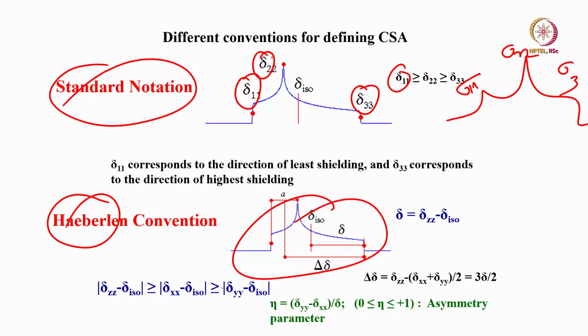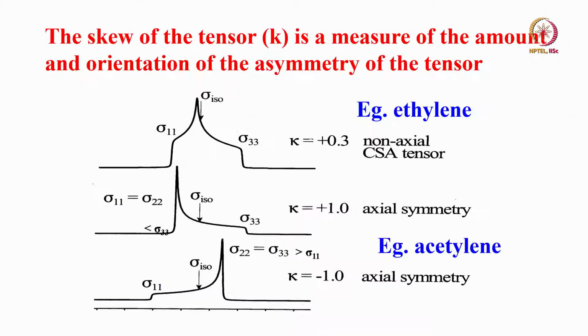Here it is defined in a different way. When you get an axially asymmetric pattern, you will have three different kinks like this, each pertaining to one of the sigma 11, sigma 22 and sigma 33 orientations. We do not need to discuss more; I just want to tell you.